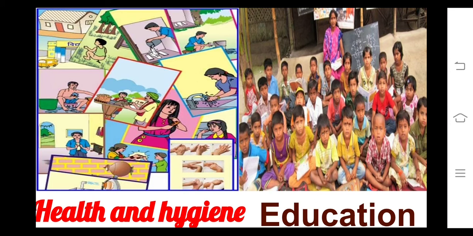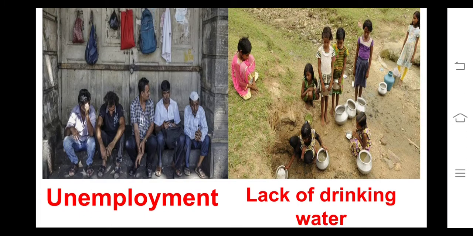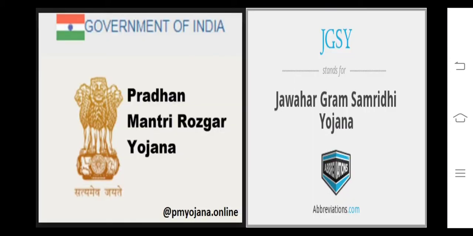So they are facing a great problem of health and hygiene. Education is another great problem of rural people. Unemployment, no jobs, no work, is another problem. Lack of drinking water, no proper water facilities in the village sites. So these are some of the problems faced by them.